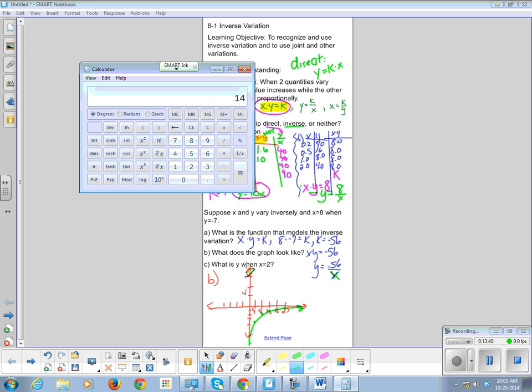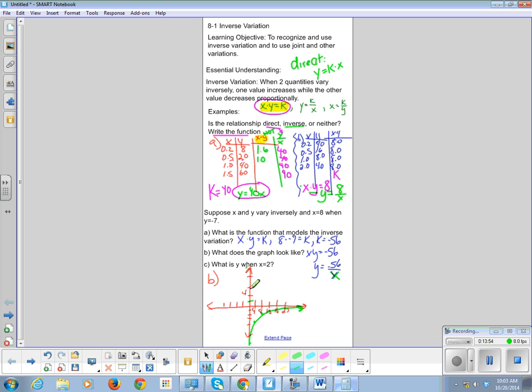So it's going to be a nice mirror. I should make my increments a little bit more consistent. It's going to come down and mirror what we have on the other side for negatives. So we have a nice asymptote at x equals 0.